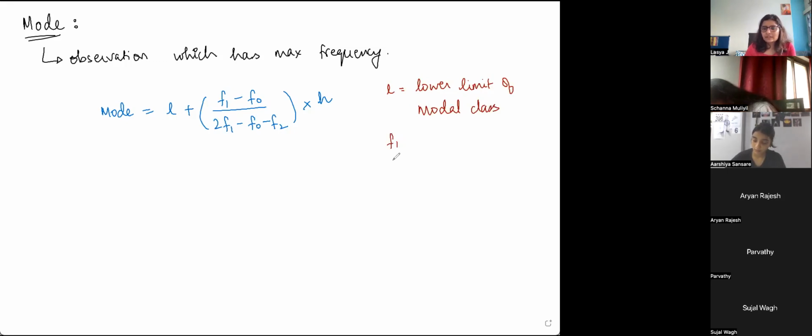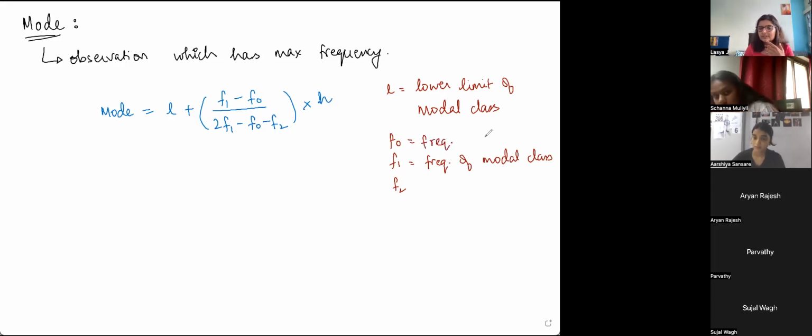So F1, F0, we'll go in order. So F0, F1, F2 are frequencies. So they're specific frequencies. So F1 is frequency of modal class. F0 is the one up, like the frequency above the one with the modal class.